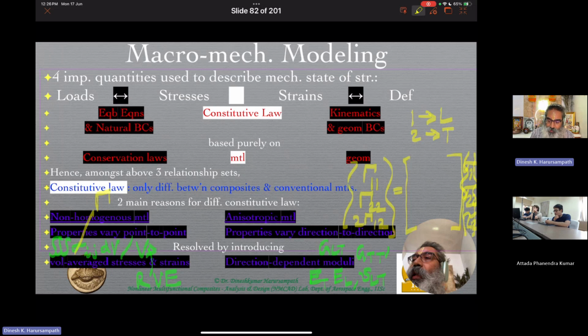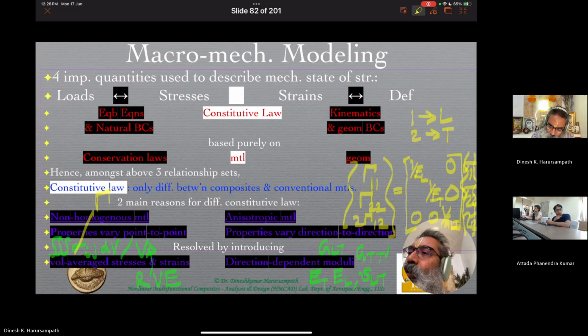So when we have something like that, we saw that these were zeros, and we ended up with 1 by EL, 1 by ET, 1 by GLT, and here we have mu, because this input is 1, so mu LT divided by EL, and mu TL divided by ET.